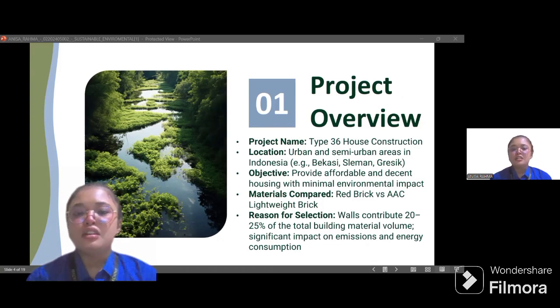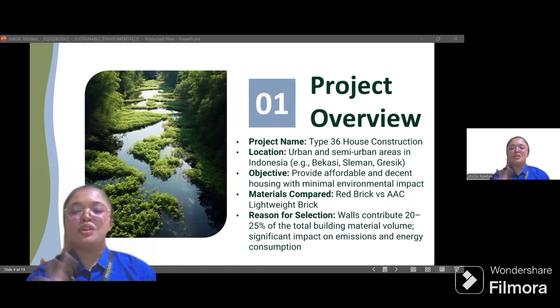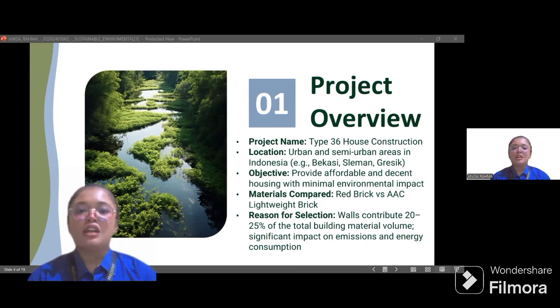Therefore, in this study, I will focus on the wall component and compare two materials: red bricks and AAC lightweight brick. Why walls? Because in terms of volume, walls account for approximately 20 to 25% of the total material used in a house.